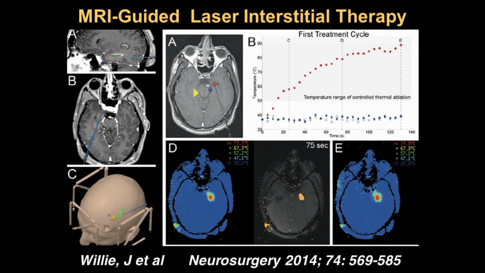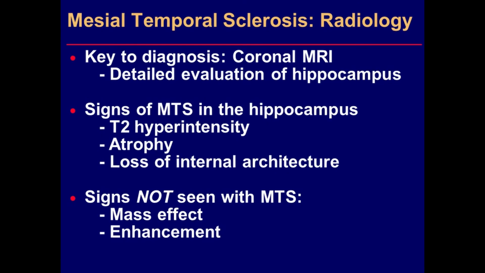A laser probe is advanced into the hippocampus, and then under direct MR evaluation, they can look at the heating at the tip of the probe and dial in exactly how much heat they want to put over what volume in that hippocampus and achieve a laser ablation of the hippocampus. So stay tuned. We don't know exactly how this will fit or whether it will fit, but we're seeing more and more of this in practices in the U.S.